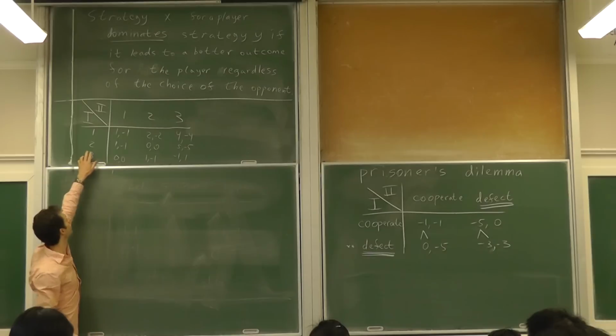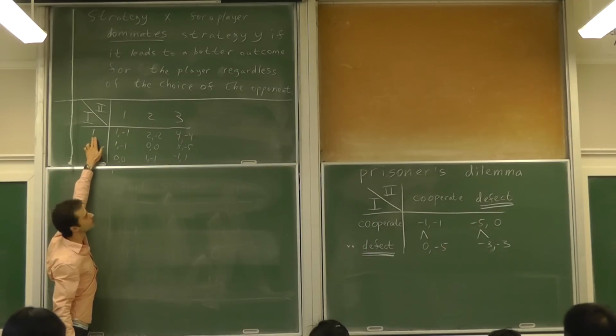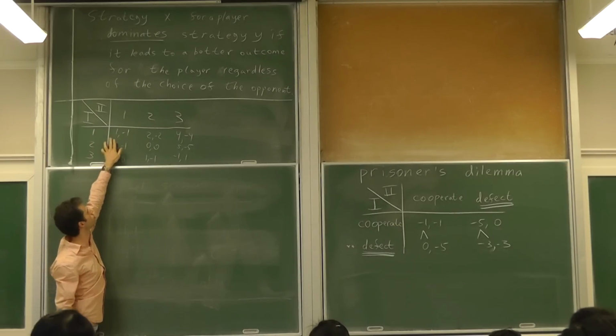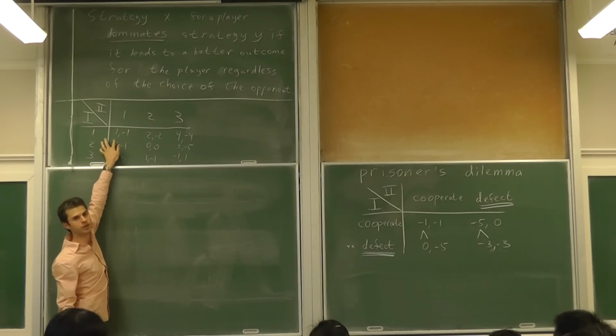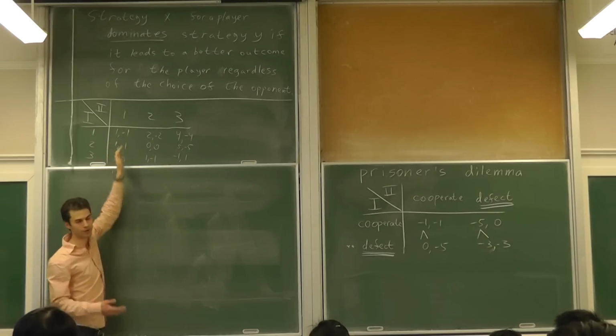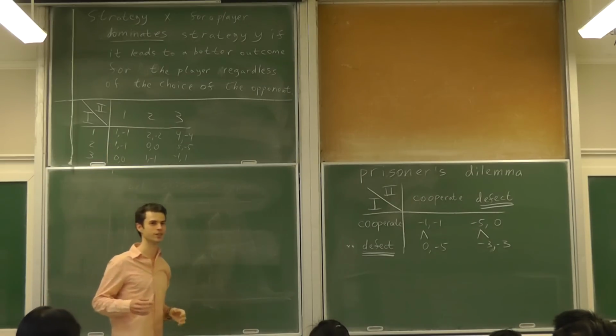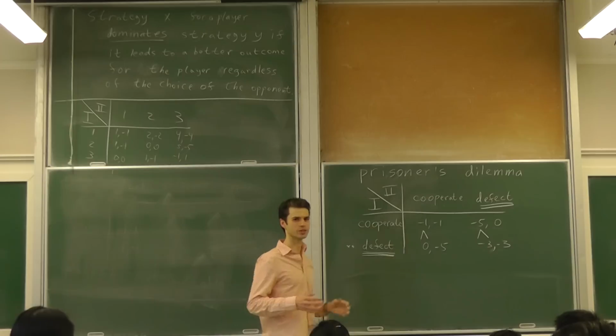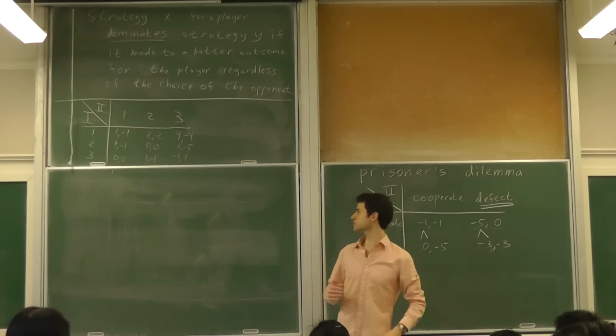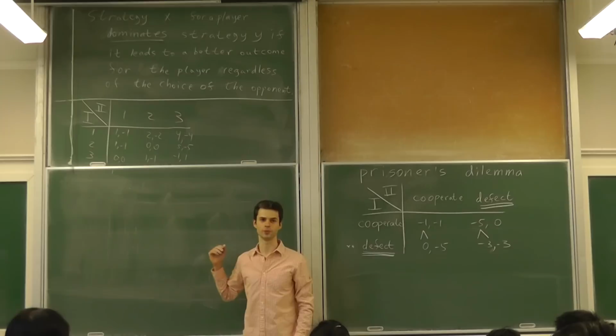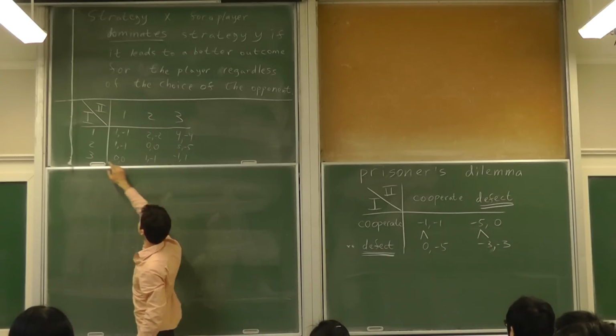So if, say, the first company chooses strategy number 1, and the second company responds by strategy number 1, the first company gains, I don't know what the units are, let's say 1,000 sales from company number 2.